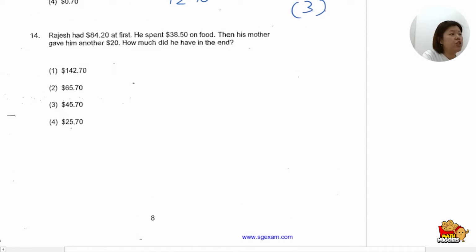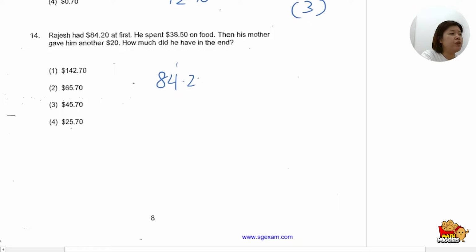Okay, Rajesh has $84.20 at first, so he spent $38.50 on food. Then his mother gave him another $20, so how much did he have in the end? So let's find how much he has after paying for the food.